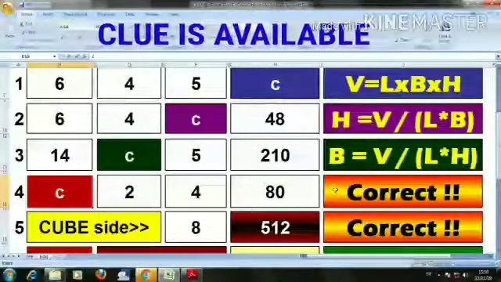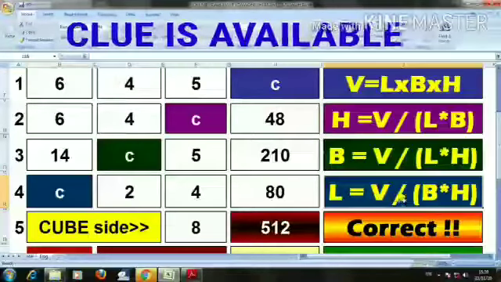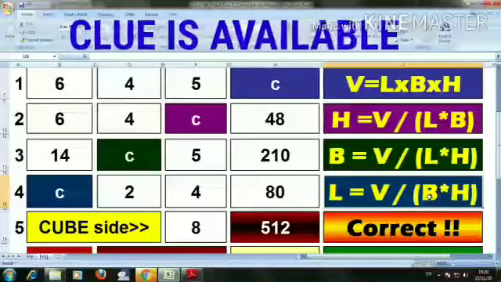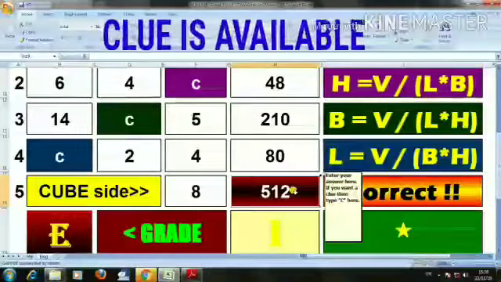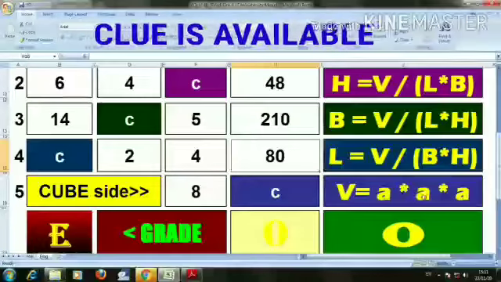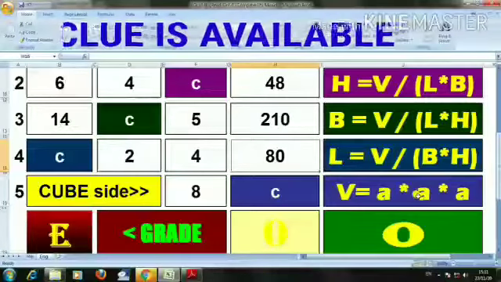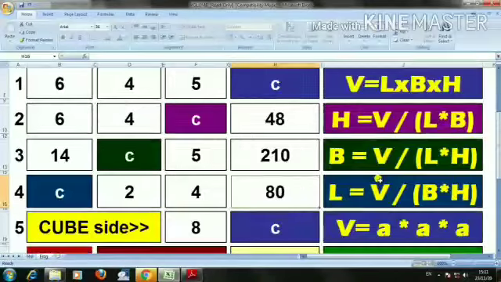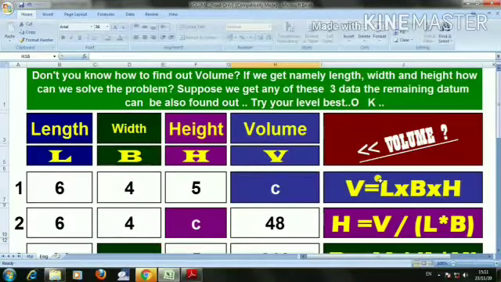Now here also L is equal to V by BH is seen here. Here what is seen? V is equal to A cube, A into A into A. That is all seen here. So you can rely upon this help if you don't know the answer. So that's all about this worksheet.